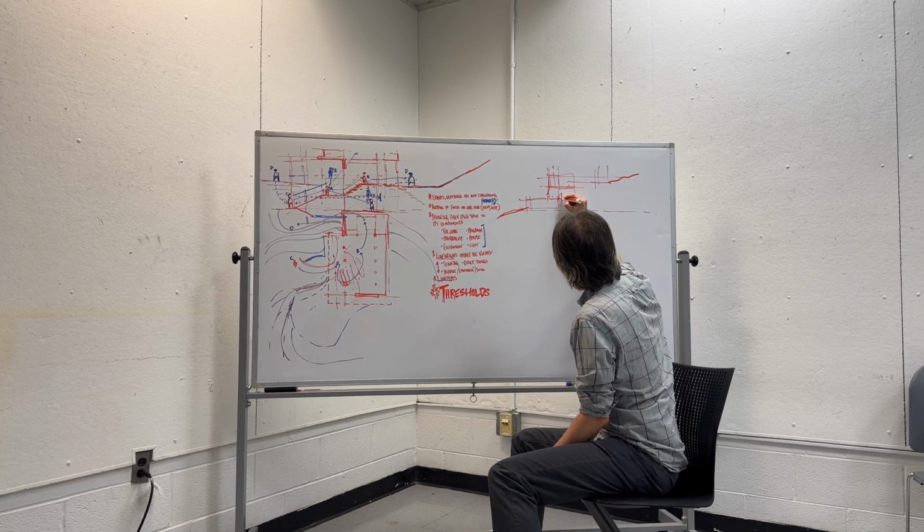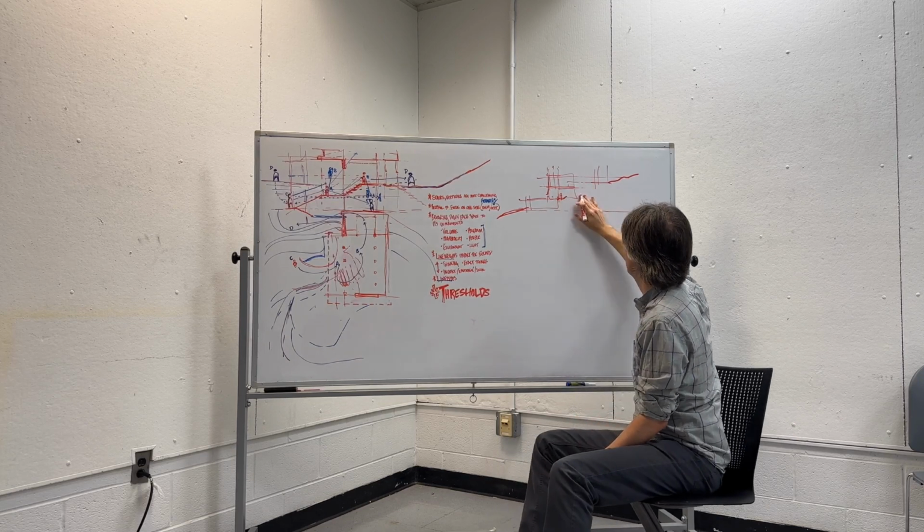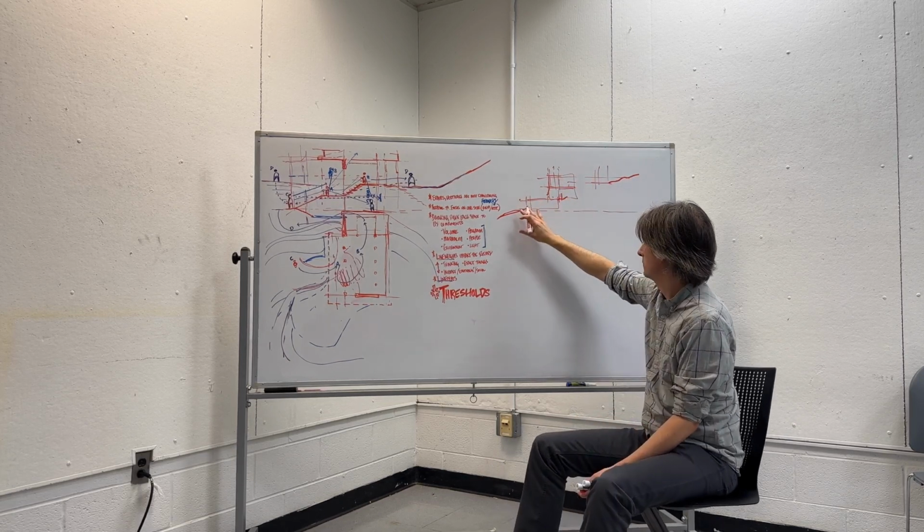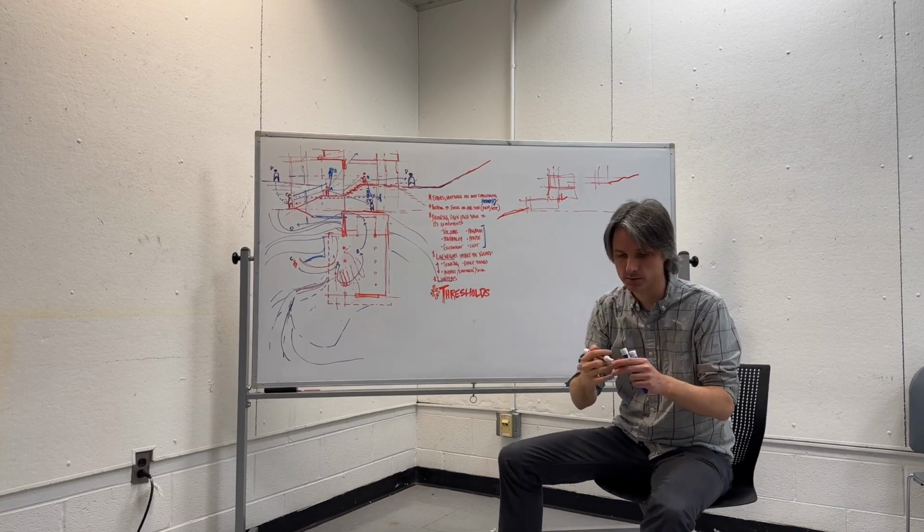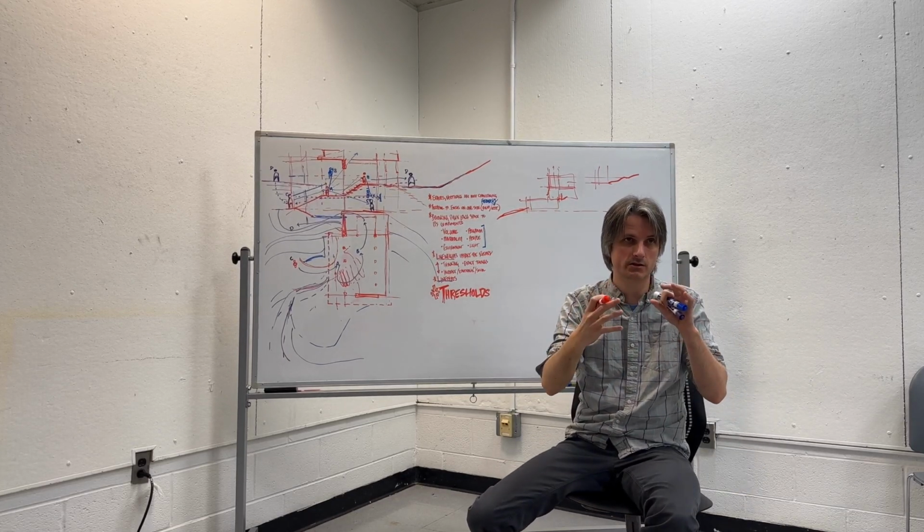But as long as you keep drawing in the people, even if you don't have connections between all of them, you can start to say how those spaces might need to relate to each other as a sectional experience.